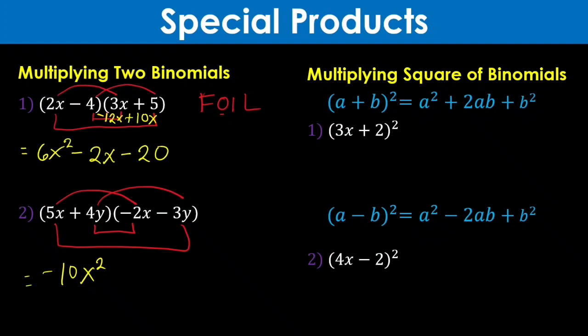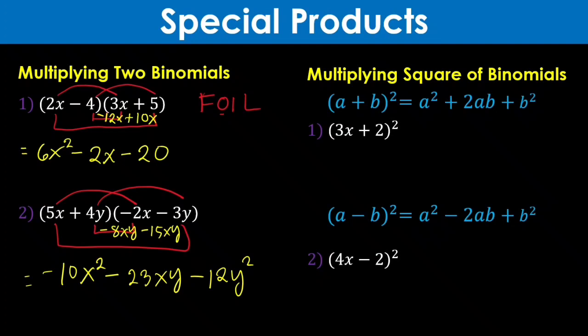And then the inner terms, negative 4y times negative 2x, that's 8xy. And then the outer terms, negative 5x times 3x, that's negative 15xy. If we add that together, that's negative 23xy. And finally, the last terms, negative 4y times 3y, that's negative 12y squared.